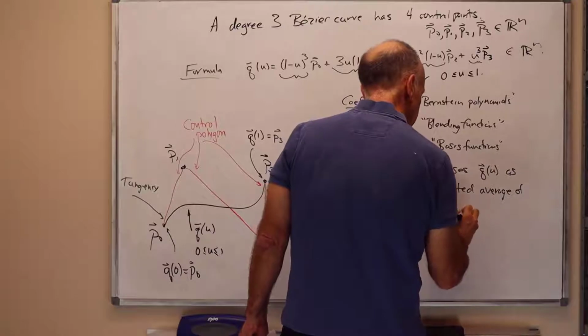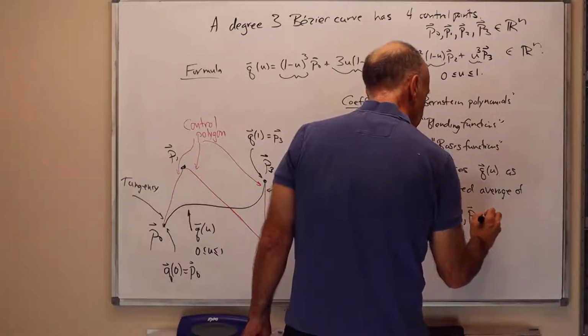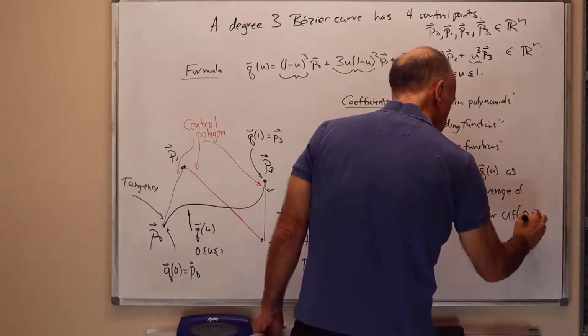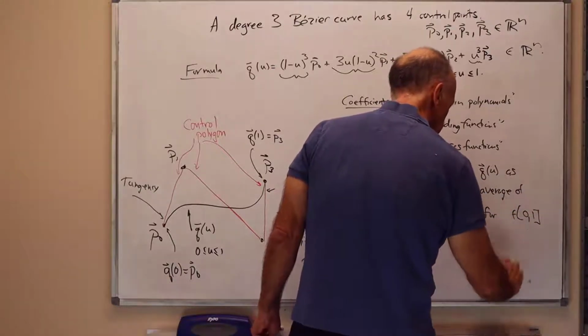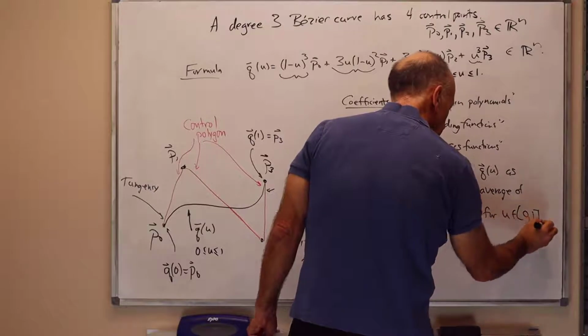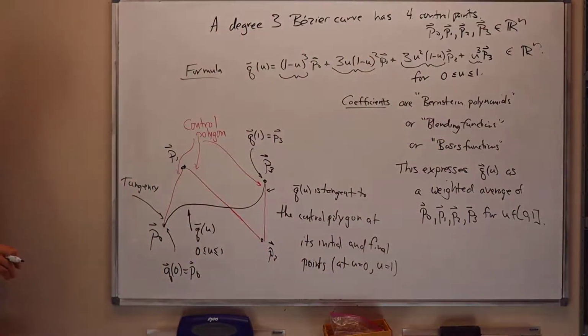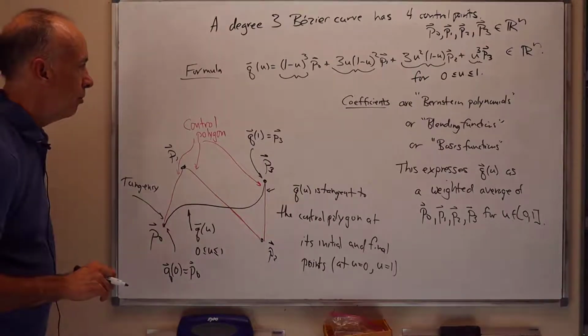And this is a weighted average as long as u is in the interval 0, 1. I'll do some more examples of this on the next board.